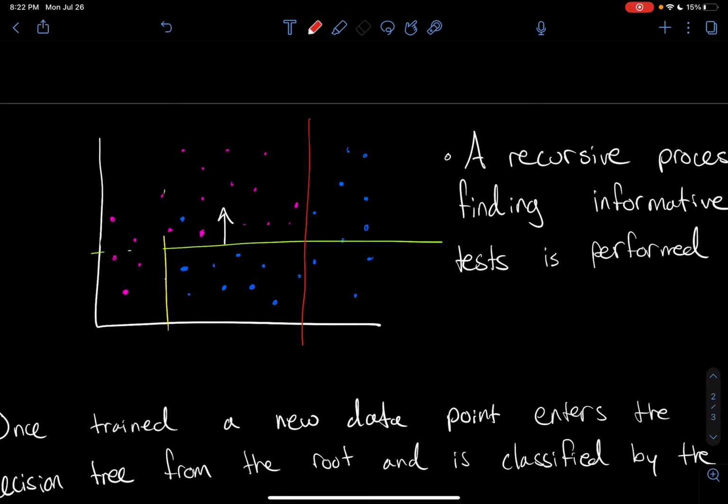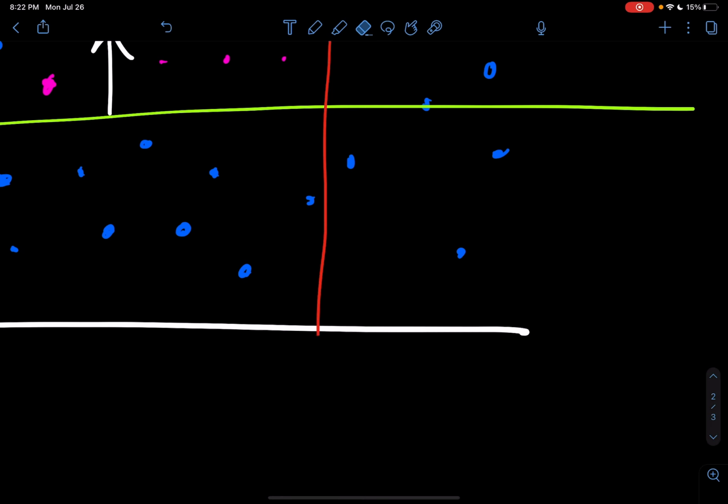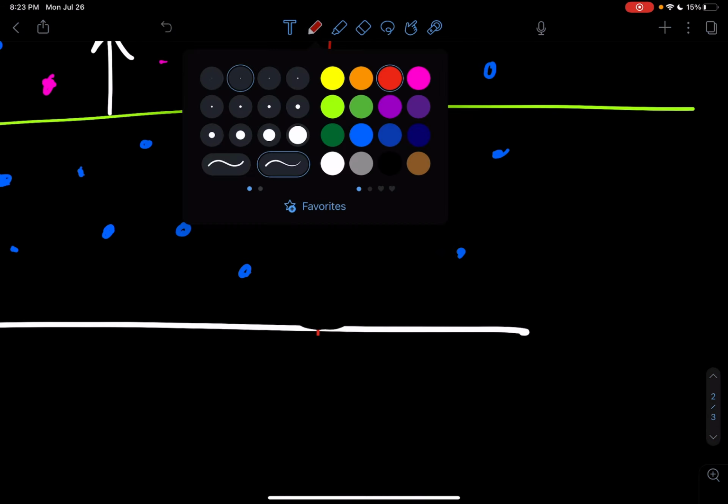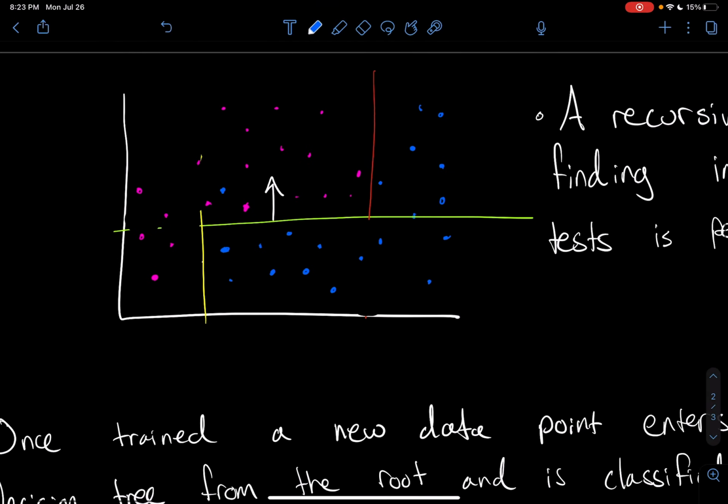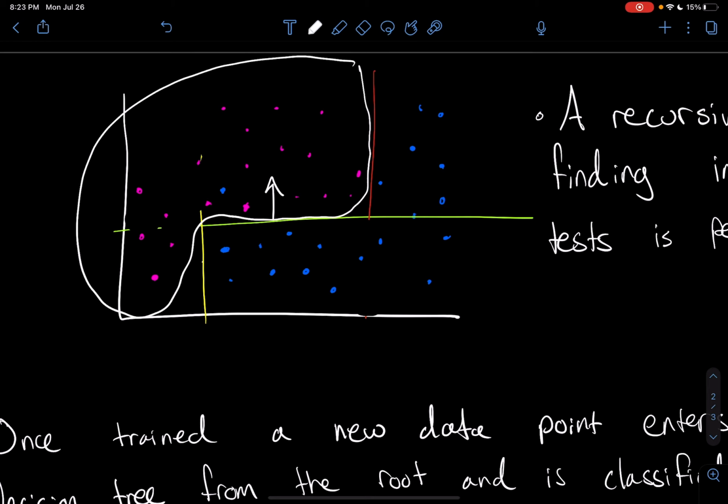And again, we can combine them. And now you can see a much better distinguishment between the two classes here.